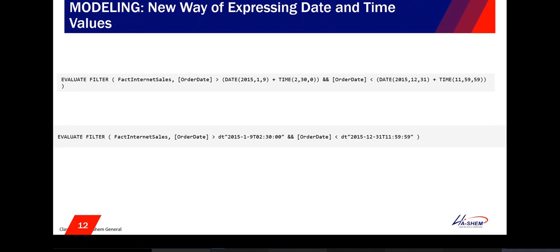There's a new function in your Power BI application, one of your DAX formulas, where you can analyze information based on date and time. It allows you to directly specify the dates and the time up to the seconds in your DAX query without having to use any other function.